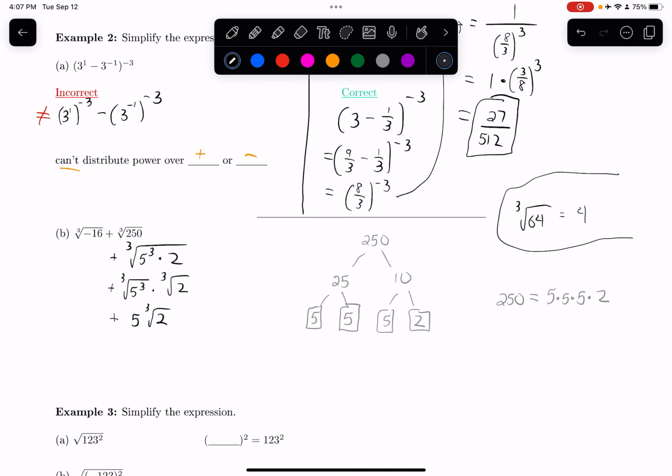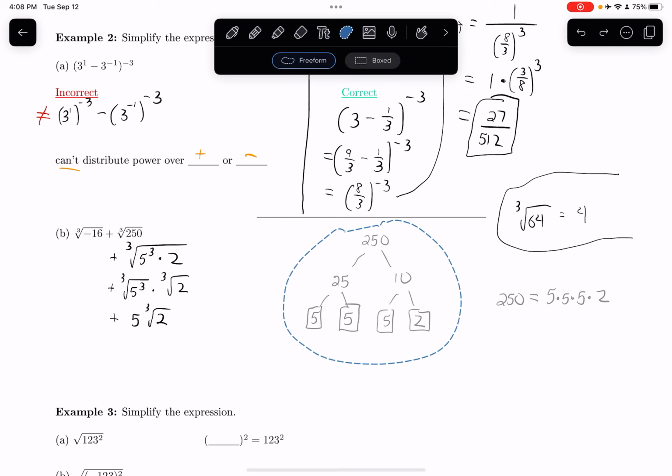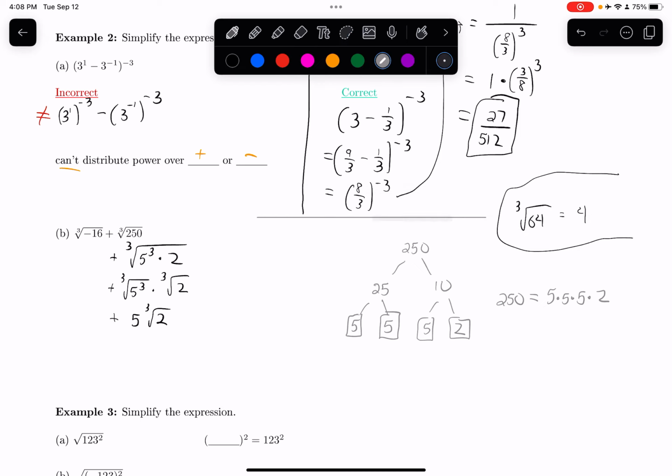That's really nice. So why am I allowed to do this step where I distributed the root to each one of those terms? I claimed it was one of our exponent properties, but let me break down why a little bit more. If I have this big cube root, that means a 1/3 power.